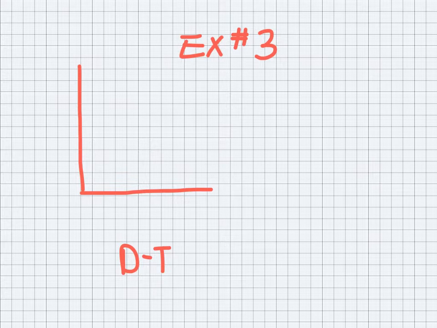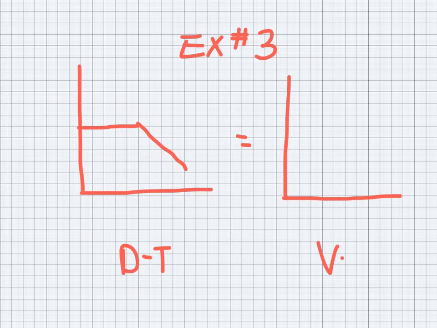Watch out for this. That is not in our cheat sheet. What is going on there? What's the velocity time going to look like? And I'll give you a hint. We're going to have a 0 line.